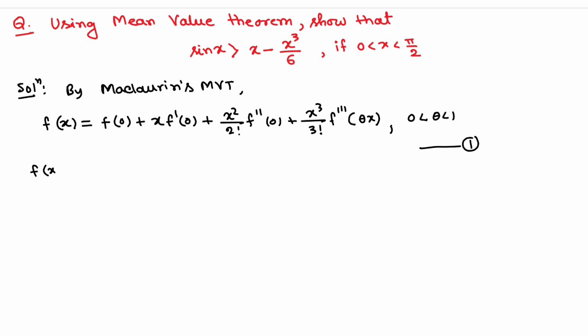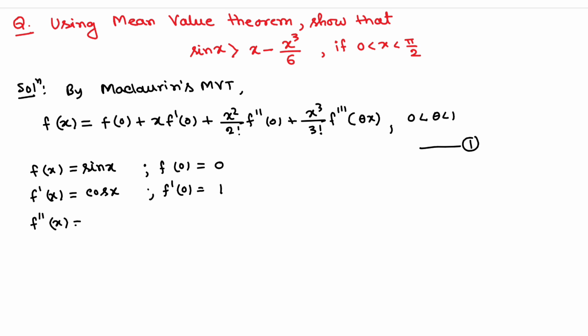So f(x) equals sin x. What will be f(0)? Sin 0 equals 0. f dash x equals cos x. So what will be f dash 0? Cos 0 means 1. f double dash x equals minus sin x.